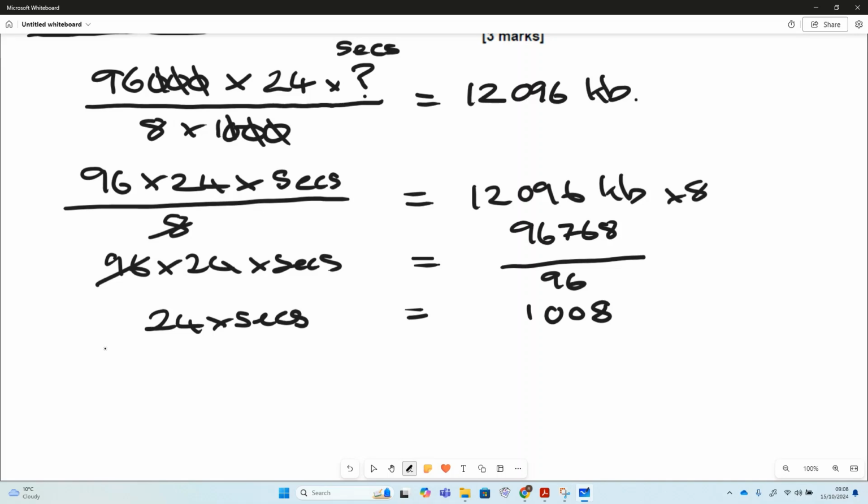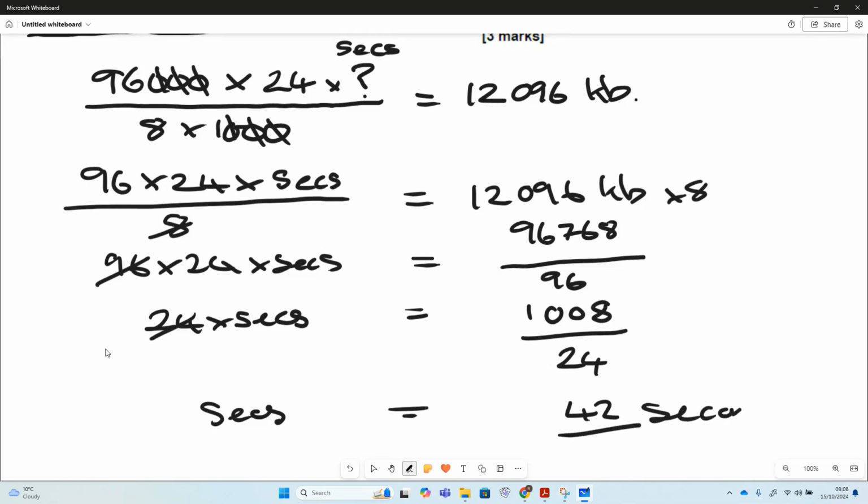We'd like to get rid of 24. So if we divide this by 24, we end up with seconds equals 42, and the answer is 42 seconds.